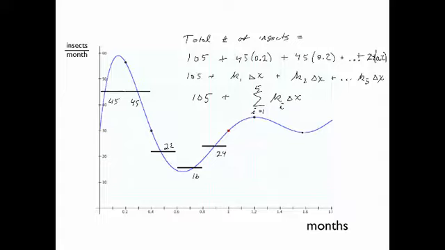Every one of those things is a K delta X. So it's going to be K1 delta X plus K2 delta X plus K3 delta X, etc. This is called summation notation. It means add up that thing, K delta X, starting with I equals 1, ending with I equals 5.